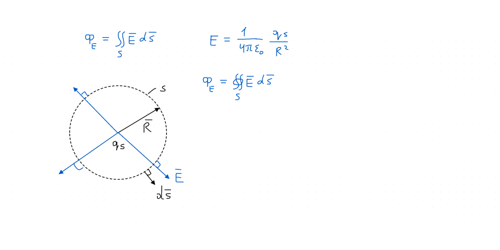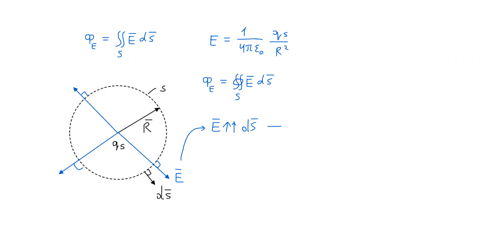And from the picture we can see that vector E and vector dS have the same direction, signed as these two arrows directed from down to up.